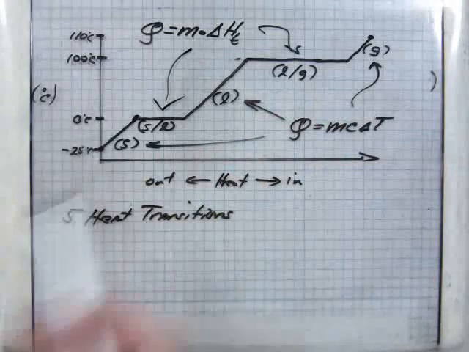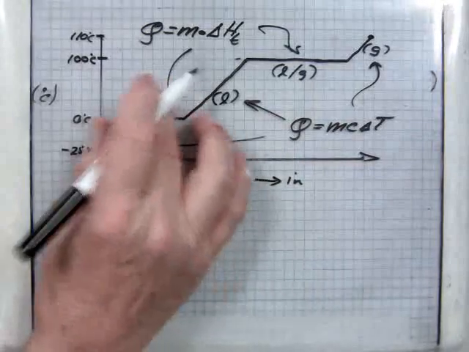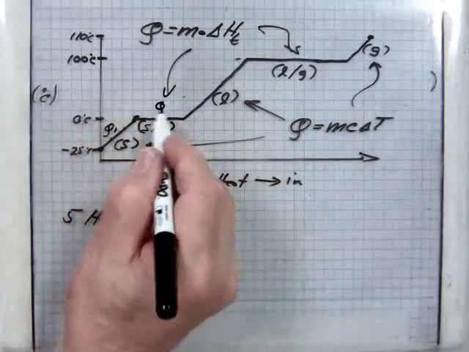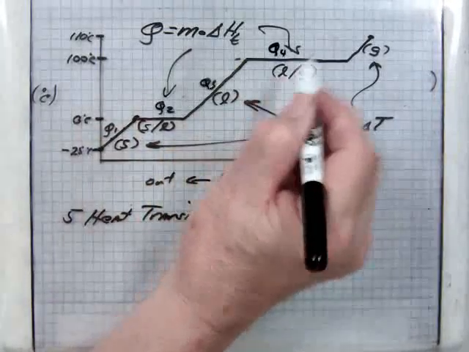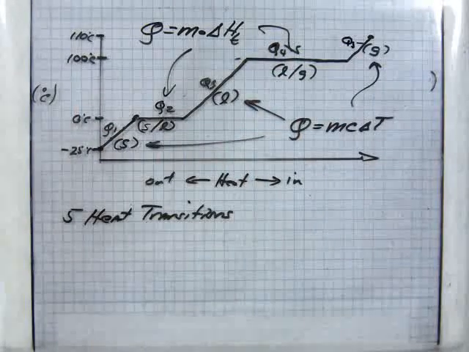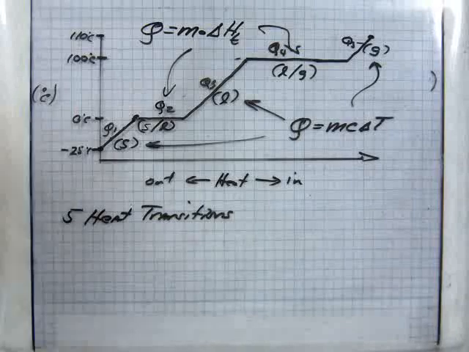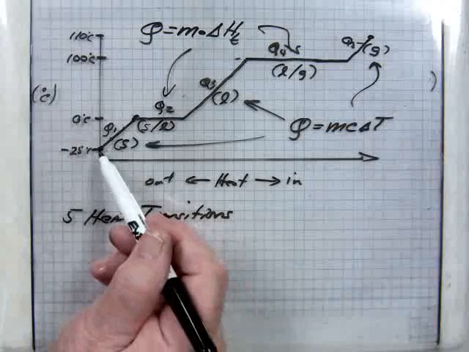So we'll have a Q1, a Q2, a Q3, a Q4, and a Q5, depending on whether you're phase transitioning or warming the substance. You select the formula that goes with it. So we'll start going from left to right.